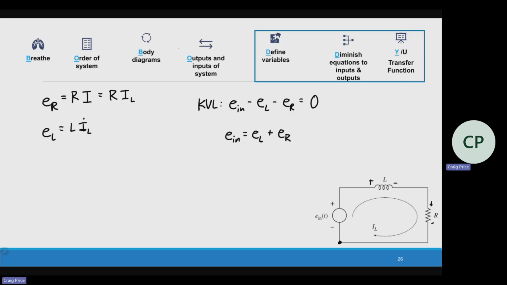So now I have an equation with a relationship for my input voltage. We're almost there. Questions up to this point? Do we need a KCL? Why not?